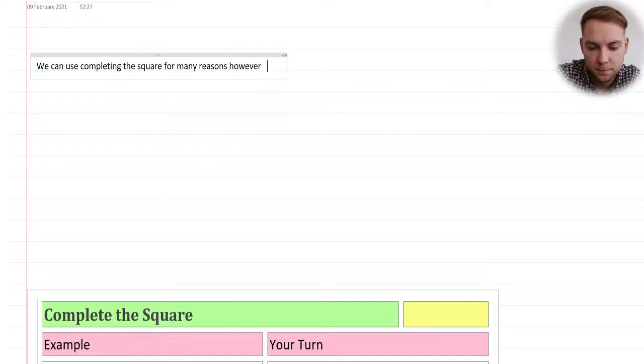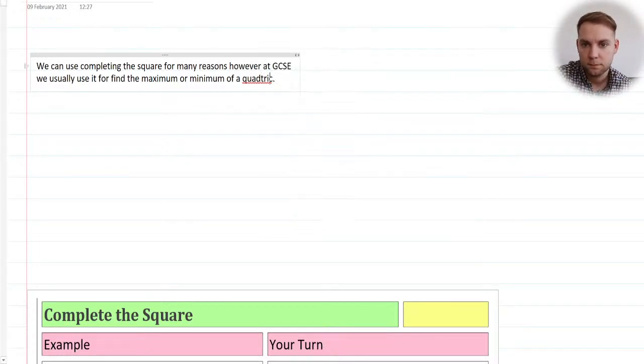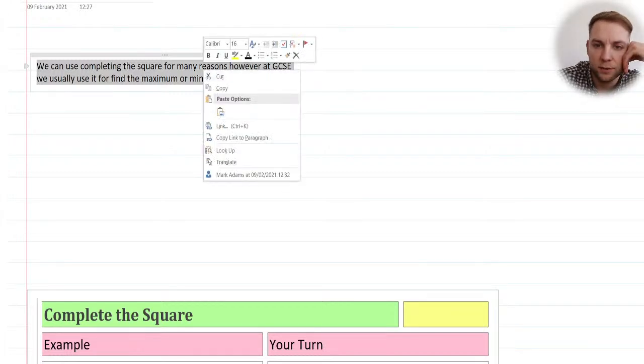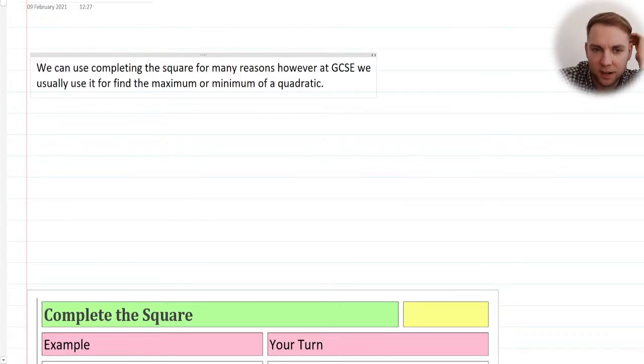However, at GCSE, we usually use it for finding the maximum or minimum of a quadratic. So we can use completing the square for many different reasons, but when we're doing it at GCSE, the main reason that we use it for is to find the maximum or minimum.